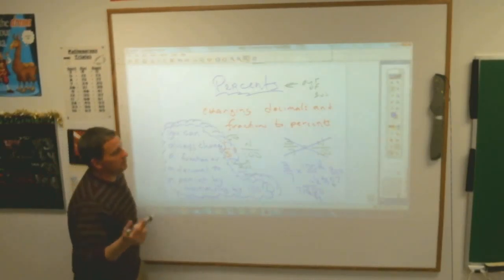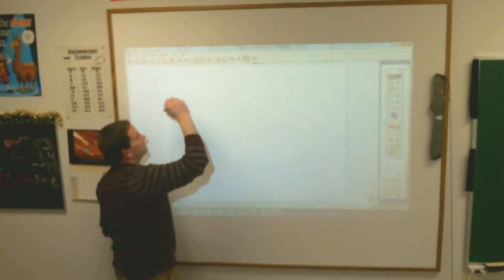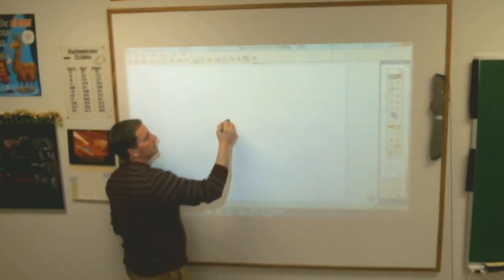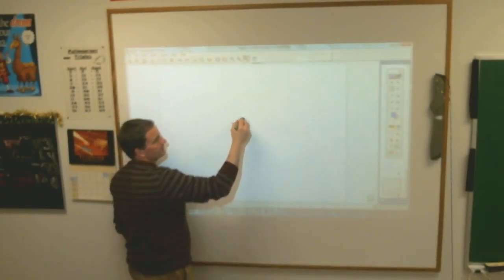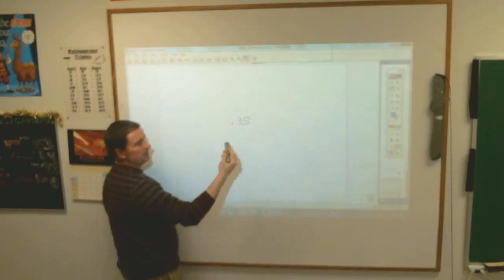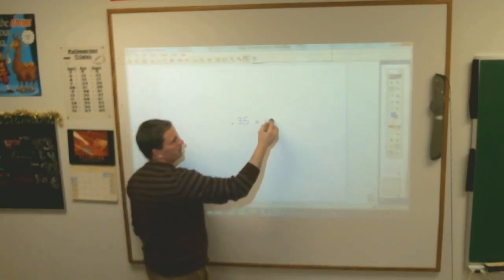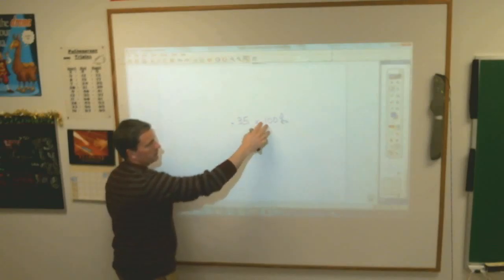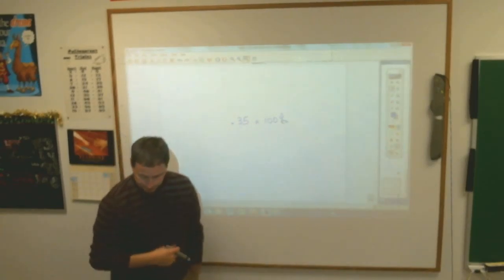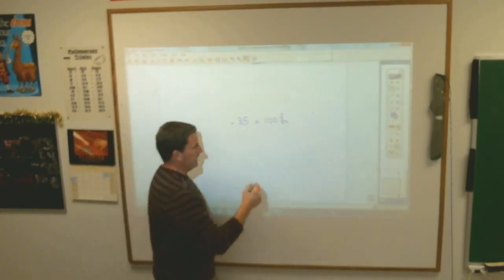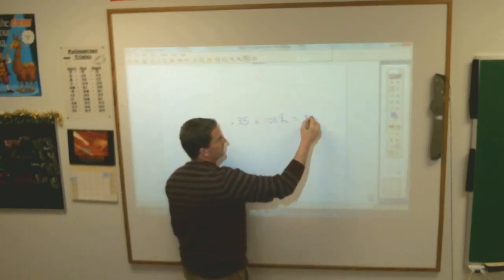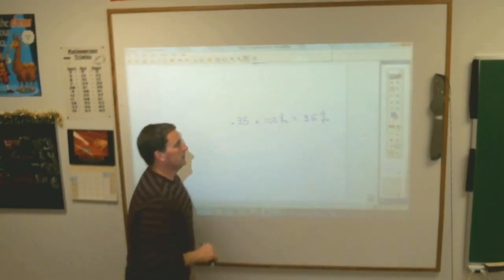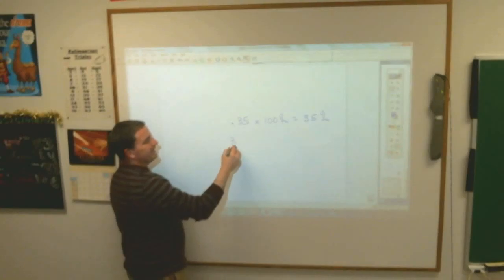Okay. Same thing with decimals. Let me give you a couple examples there. If you have 0.35 as a decimal and you want to make it into percent, you just multiply it by 100%. Well, what's 0.35 times 100? Maggie? 35%. Yep, 35%. What if it was 3/8?